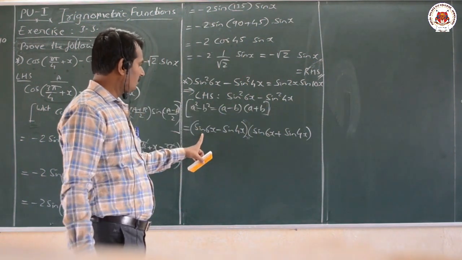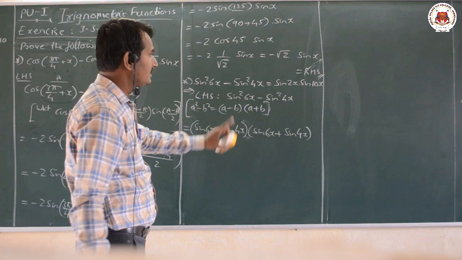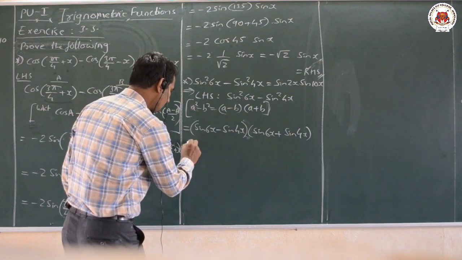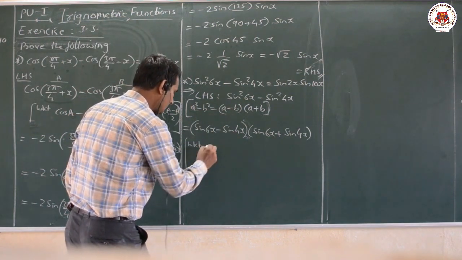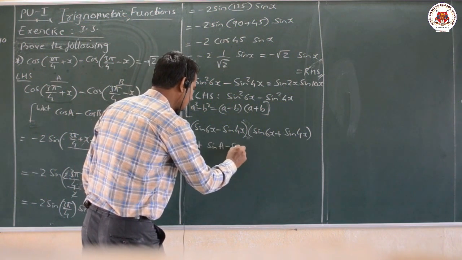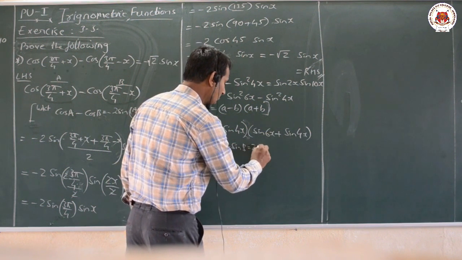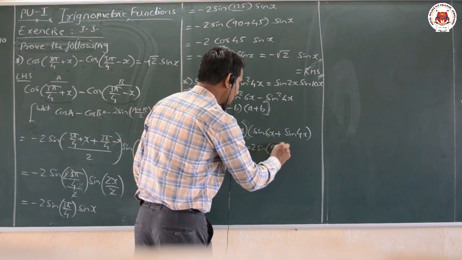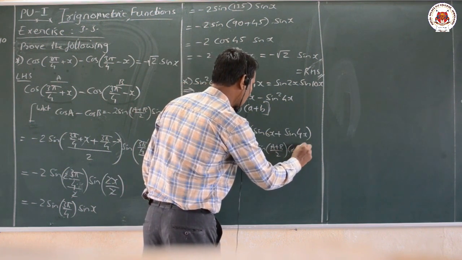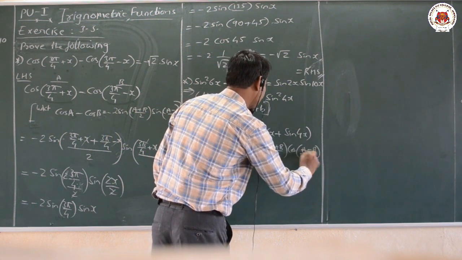Now what is the formula for sine a minus sine b? I will write both formulas. First, sine a plus sine b is 2 sine a plus b by 2 into cos of a minus b divided by 2.